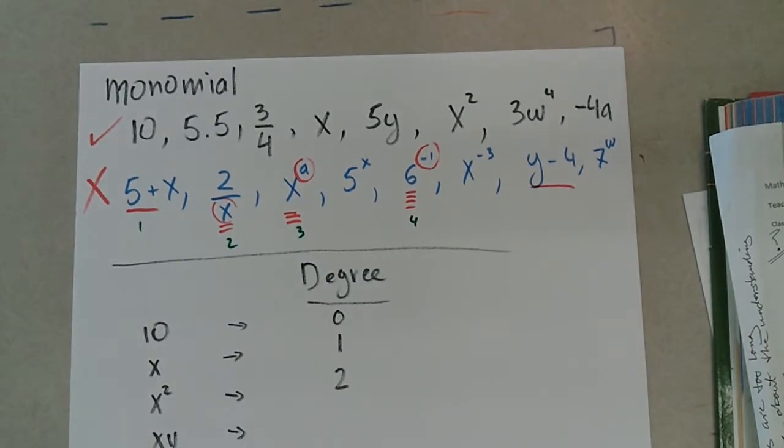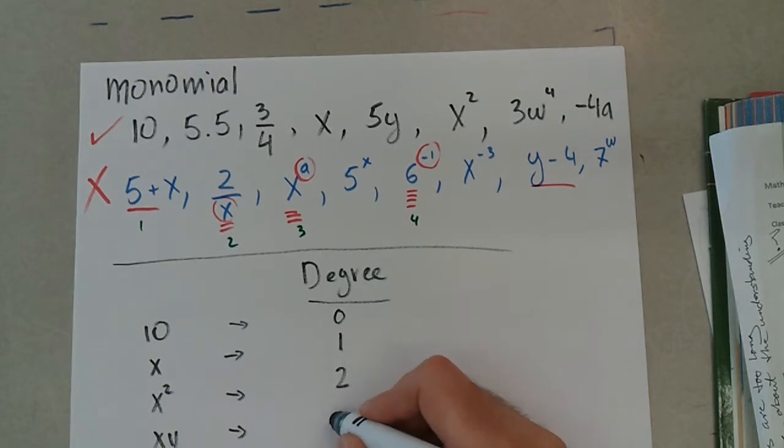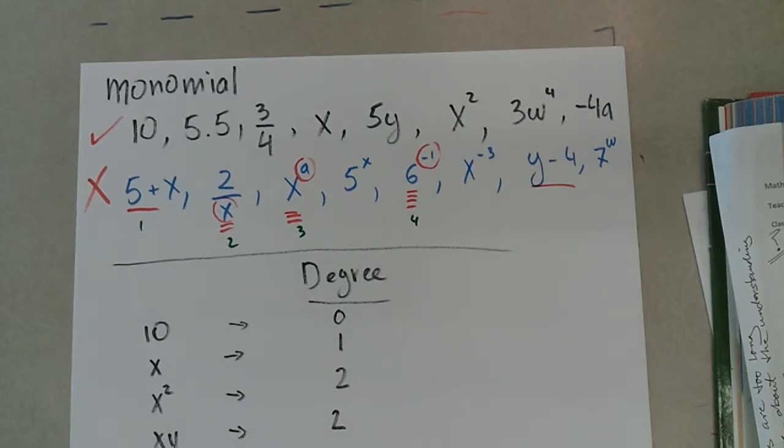So if it's not one of those 4 exceptions, it's a monomial. In this case, that's a monomial. Now, the degree here is not a 1, because you have to take the sum of the variables. The x has an exponent of 1, y has an exponent of 1, 1 plus 1, so that has a degree of 2.